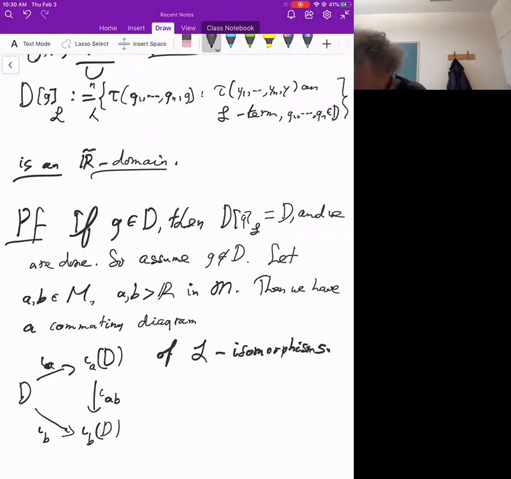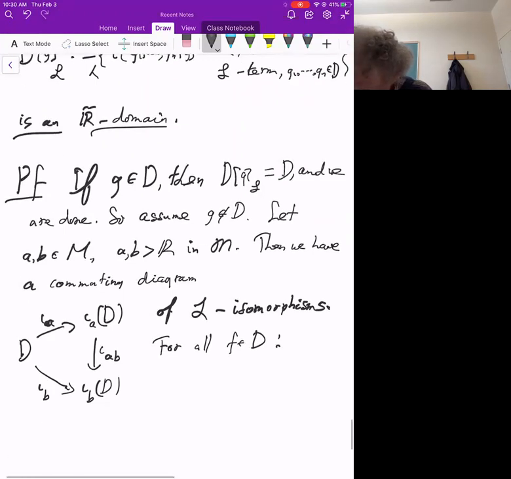Now for all f in D, you get the following equivalences. f is eventually less than g, right? That means f(t) is less than g(t) eventually.